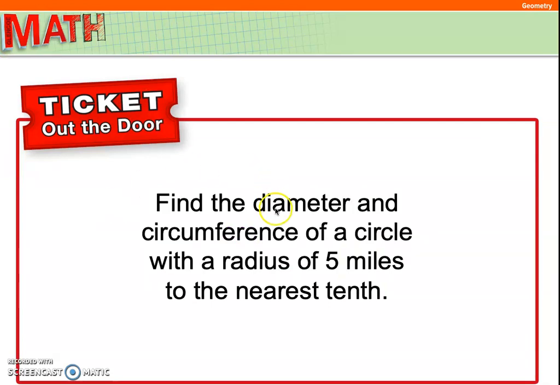You are going to find the diameter and the circumference of a circle with a radius of 5 miles, rounded to the nearest tenth. So get your calculators out and get going on that. Then complete your assignment, take pictures of it, attach it to the assignment, and when you're done, you can turn it in.